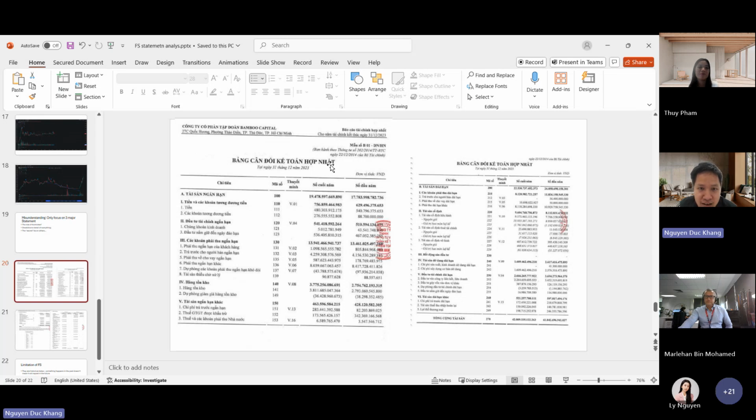And I chose 2023, before the trouble happened. You can see that even when a company is working normally, we often say that their financial statement is stinky.